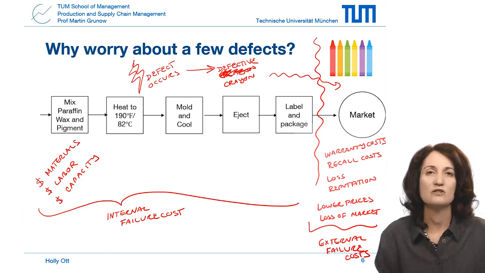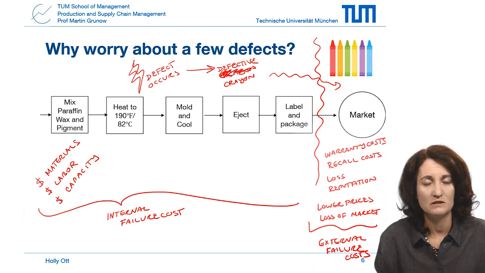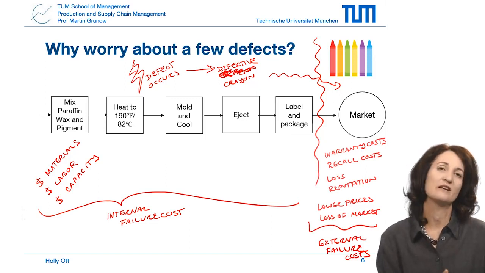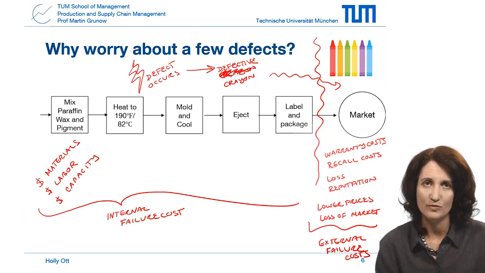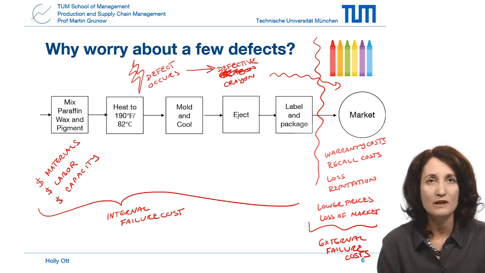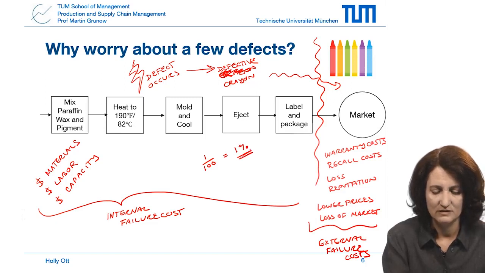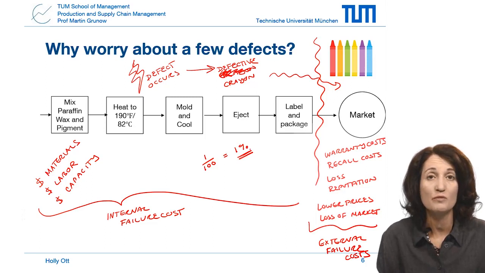And these external failure costs are often underestimated. So even if you're arguing that the scrap of the material is not that much, there are other things you need to think about. One of the most important is what happens if that defective part gets out to the market. And there's one more thing here. Can you think of one more problem? It's the idea that if you allow one batch of 100, you're looking at 1% of poor material.